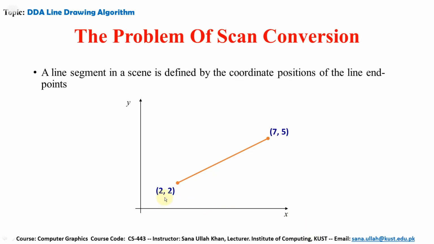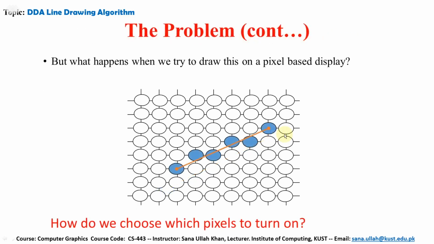Its start point is (2, 2) and its end point is (7, 5). That means this is the initial x, this is the initial y, this is the end x, and this is the end y. If we draw this line on the raster display, it will look like this, with 0, 1, 2, 3 and so on.